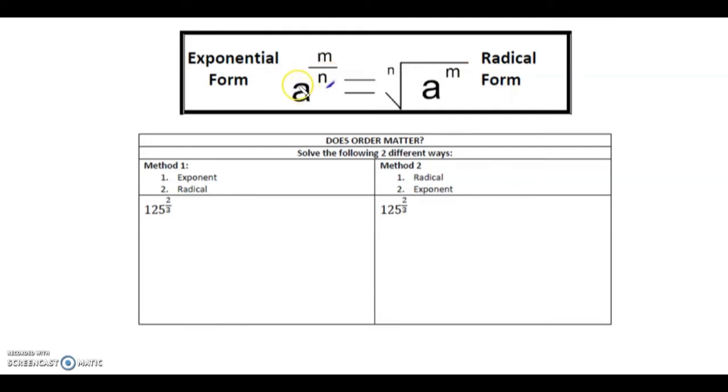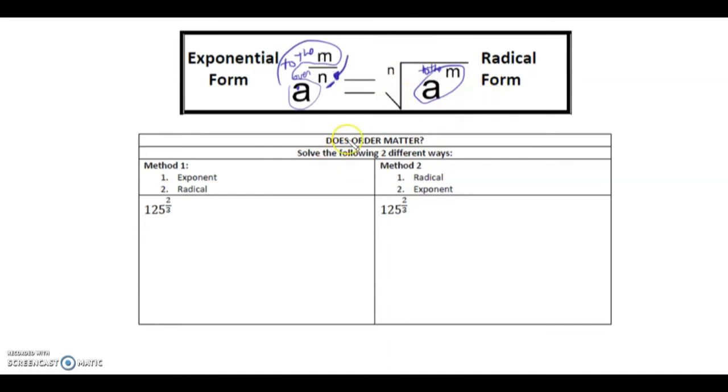So I read this a to the m over n. Okay, so a to the m still exists in radical form. A to the m, right here, and then the nth root. So the nth root, that's always from the denominator.